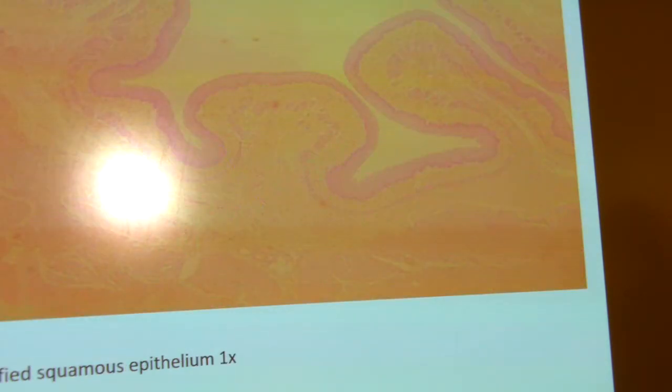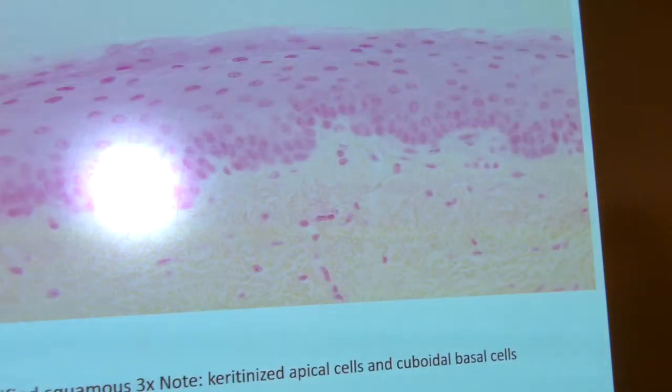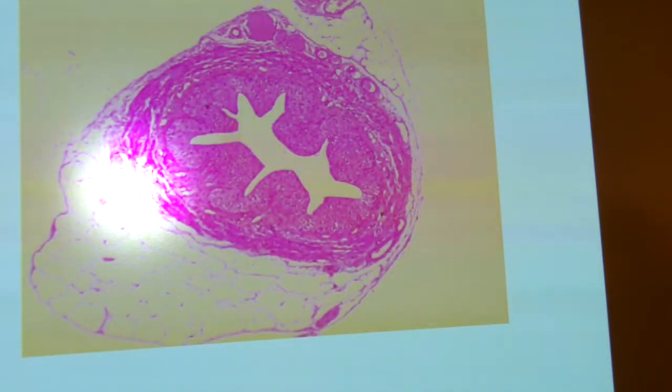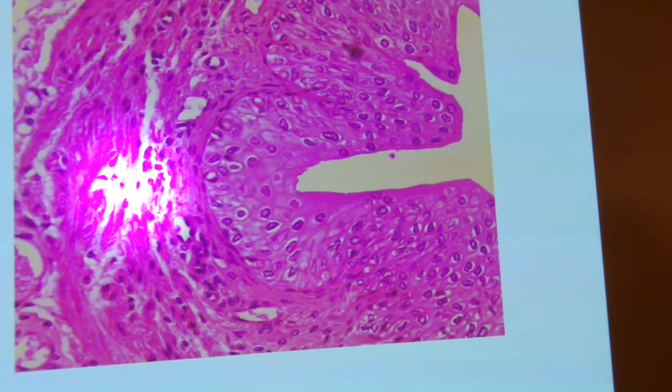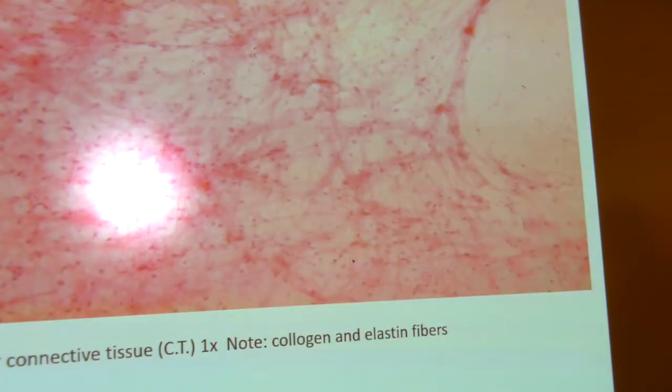All right. And stratified squamous epithelium, where you have keratinized dead cells at the most apical layer. You have more cuboidal basal cells that are mitotically active. Then you have transitional epithelium that can expand and contract. The lumen gets larger, smaller, larger, smaller. And a close-up of transitional epithelium.